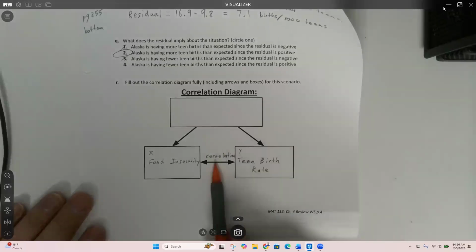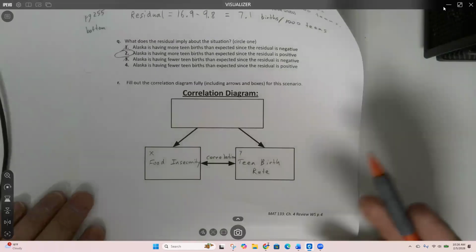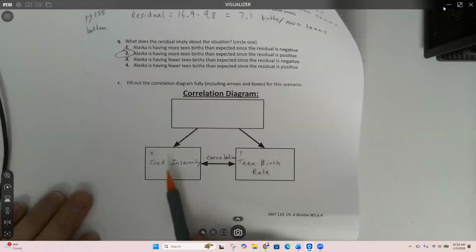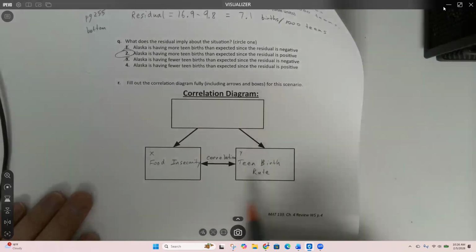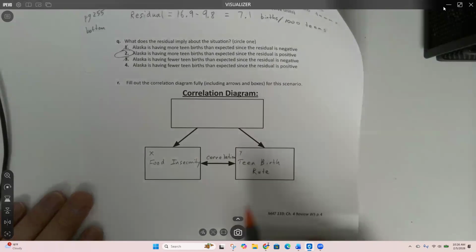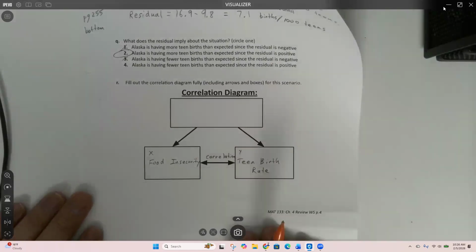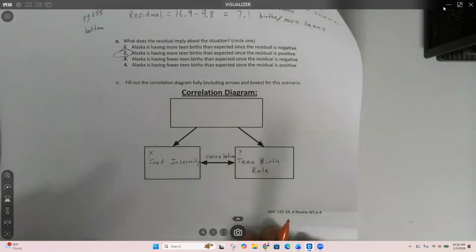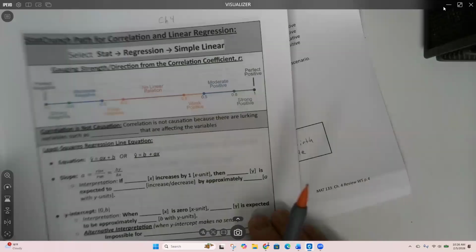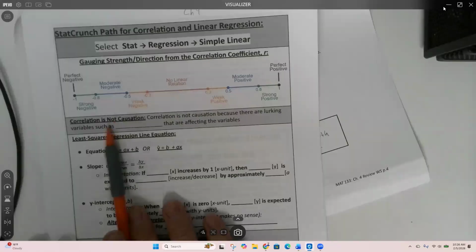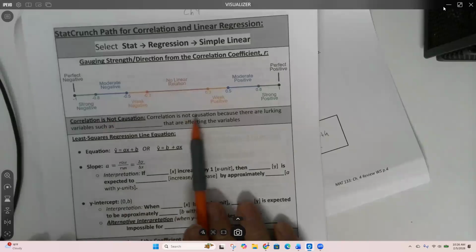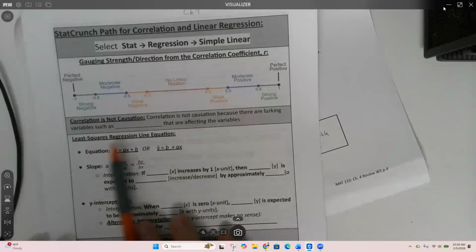That's correlation. Causation is when you have something that actually is causing it. Like, what's causing this to be high? What's causing this to be low? And that is not what linear regression shows. There's a sentence right here on page 255 that says correlation is not causation because there are lurking variables.